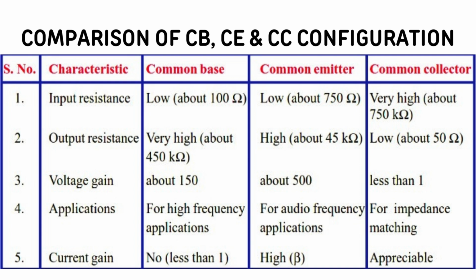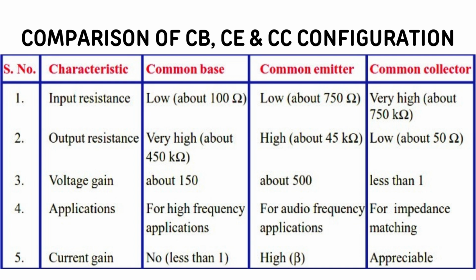Voltage gain is high in common base configuration, which is about 150. In common emitter configuration, it is very high, about 500. In common collector configuration, it is very low, less than 1.